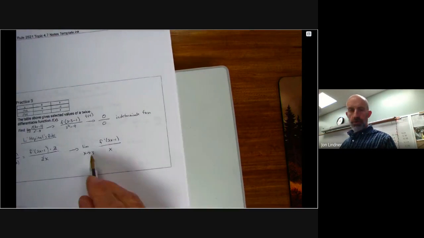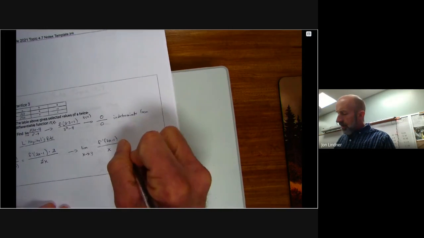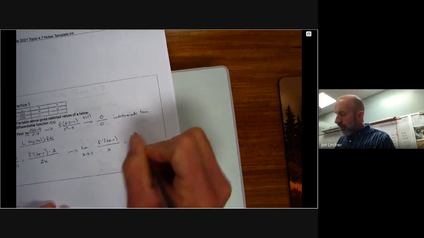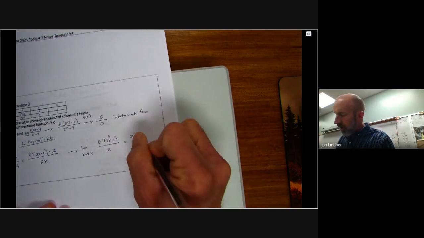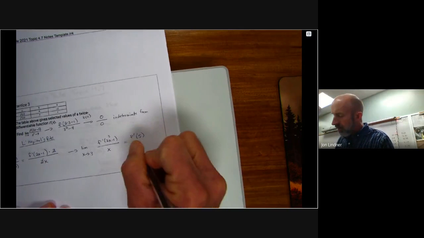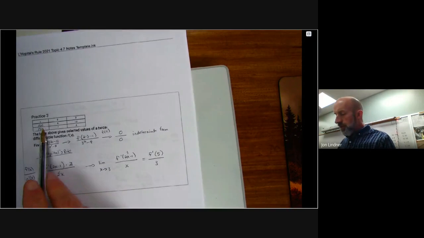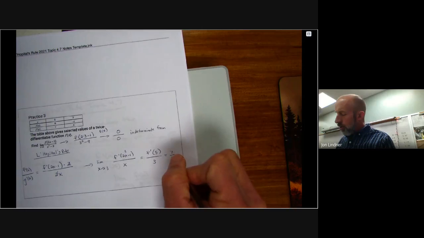So let's plug in our 3. So that is f prime of, if I put my 3 in here, 2 times 3 is 6 minus 1 is 5, f prime of 5 over 3, and f prime of 5 is information from the table. Yay for us. F prime of 5 is 7 over 3.